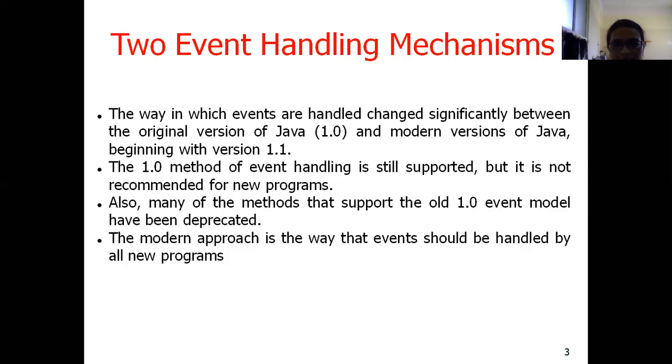Now in the textbook, in your reference book also, they talk about Java 1 and 1.1 versions. So those are the two event handling mechanisms: how events are handled in Java 1 and how they are handled in 1.1.